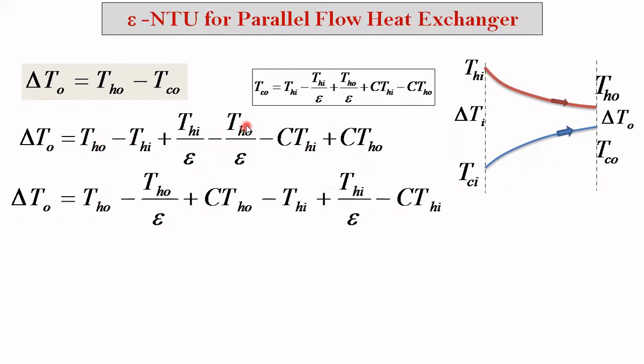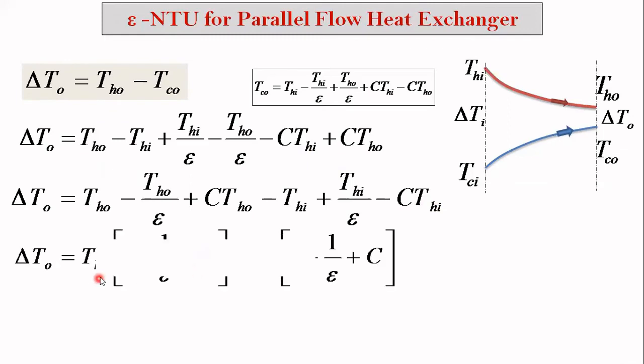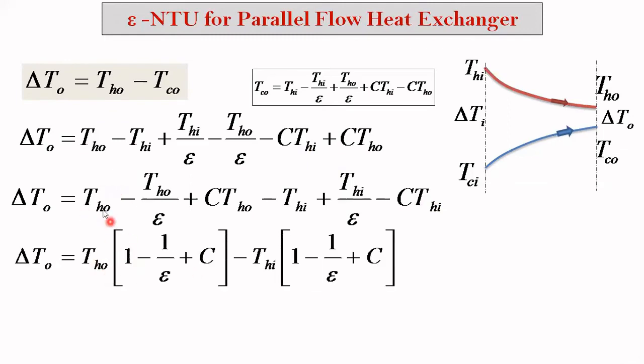This THO, this term also has THO, and this term is also with THO. So write together all the 3 terms for THO. Similarly, write down the 3 terms together for THI. So this term THI, this is THI upon effectiveness, and here we have CTHI. Now take this THO common. So here 1 minus 1 upon effectiveness plus capital C. Here we can bring this THI common. So 1 here minus 1 upon effectiveness, here minus minus plus capital C.